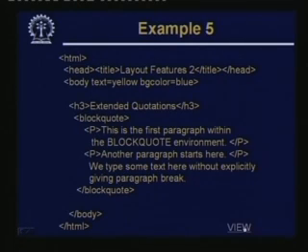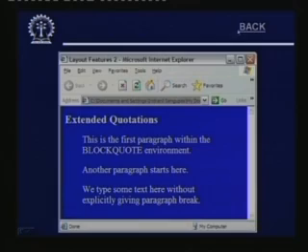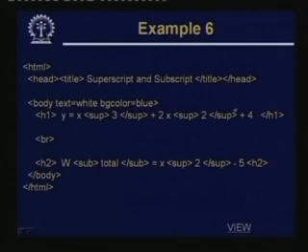Using block quote and a heading H3, extended quotation, they will get displayed like this. This is the heading, and the quotation has some additional space on the left as well as on the right. Sometimes we need to display quotations like this as part of a document. We can use the block quote tag for this purpose.